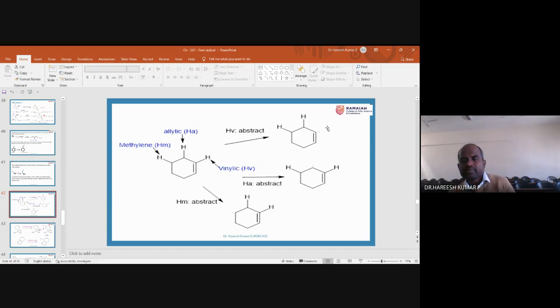That is the reason allylic hydrogen abstraction gives the stable product. This is the key intermediate, and it is stabilized by resonance, and that is the reason the major product is the allylic substituted product, but not the vinylic substituted, nor the methylene substituted product.